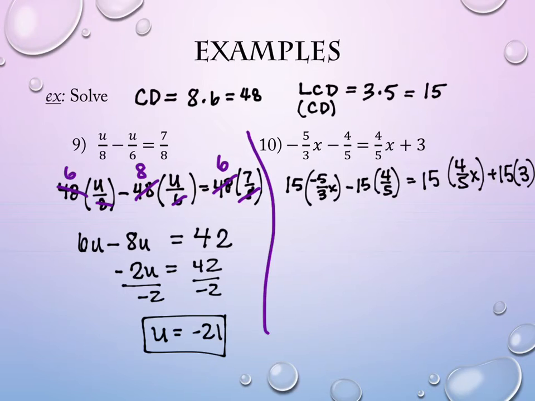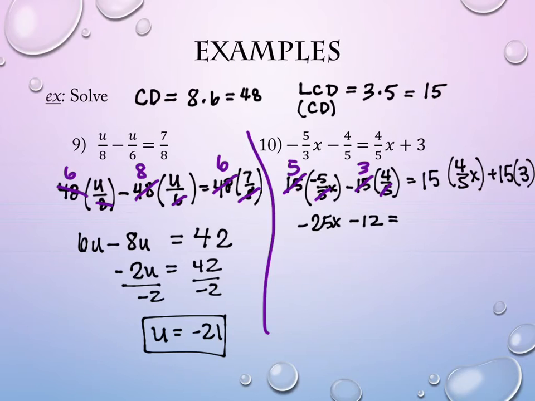So again, each of those denominators is going to divide the 15. So the first one is 15 divided by 3, which gives me 5. So now I have 5 times negative 5x. Negative 25x. The next one I have a 15 divided by 5. That's the 3. I have negative 3 times 4, negative 12.